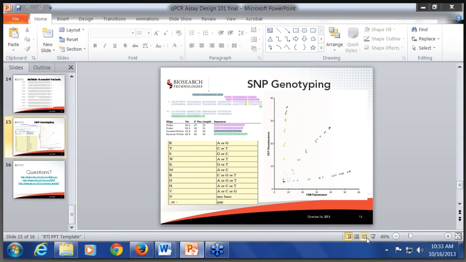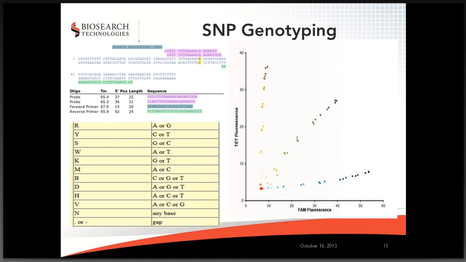But going back to here, as that runs, essentially what you're going to expect to see when you do allele discrimination, this is a post-PCR endpoint read where you're comparing allele 1 versus allele 2. So each one has a different fluorescent label. So you expect to see some clustering. So if it's homozygous for one allele, it'll cluster in this fashion or for the other one.